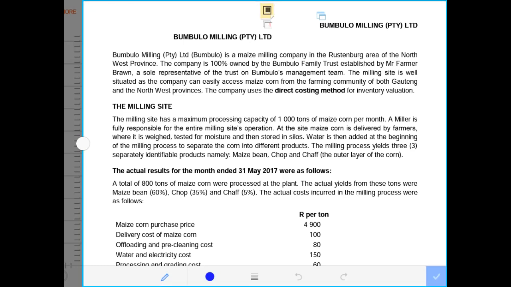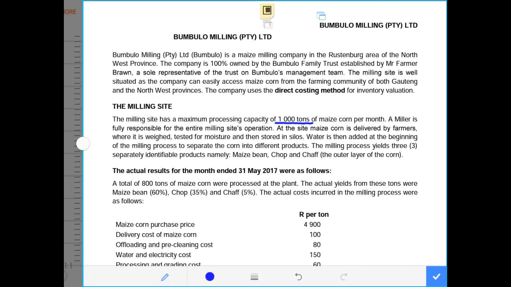The milling site has a maximum processing capacity of 1,000 tons. So now they process 1,000 tons of maize corn per month. A miller is fully responsible for the entire milling site operation.